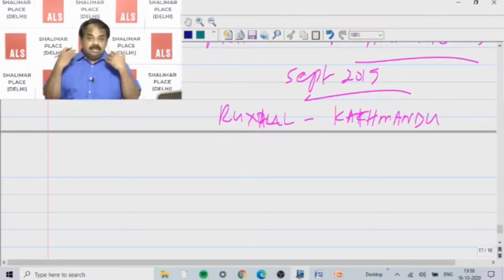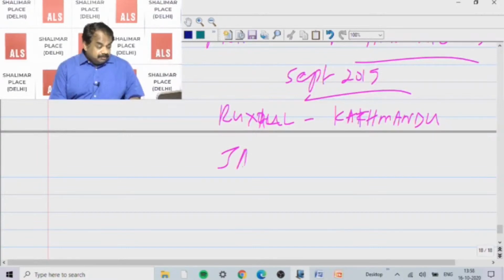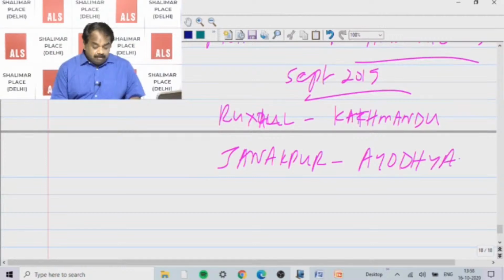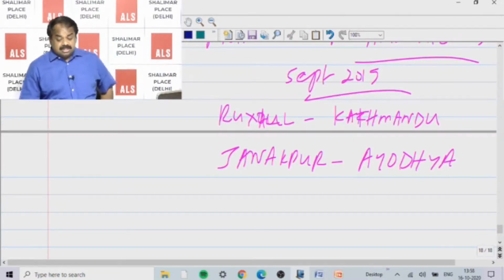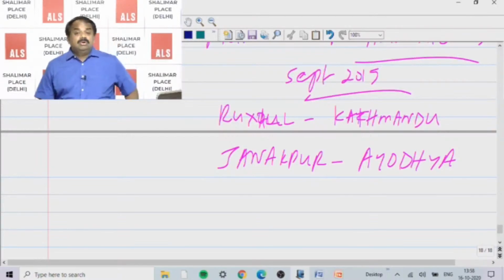But obviously, the political will should be there, then only it can happen. And also, a direct bus service between Janakpur and Ayodhya, both religious places. Many such steps are being taken.